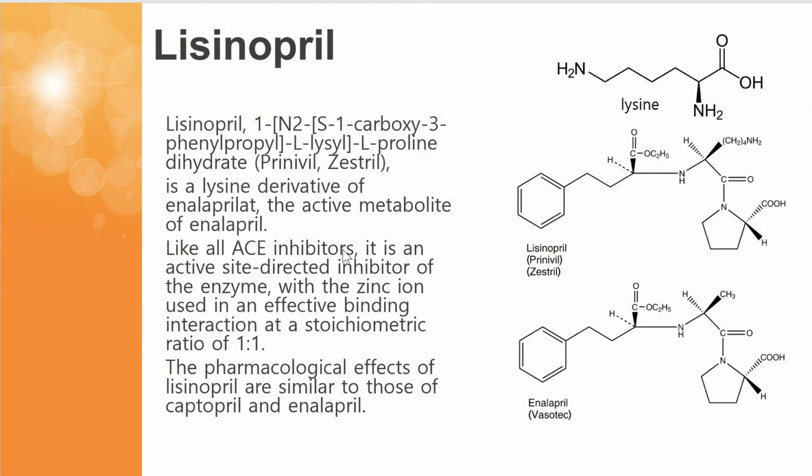Like all ACE inhibitors, it is an active site-directed inhibitor of the enzyme, with the zinc ion used in an effective binding interaction at a stoichiometric ratio of 1:1. The pharmacological effects of lisinopril are similar to those of captopril and enalapril.